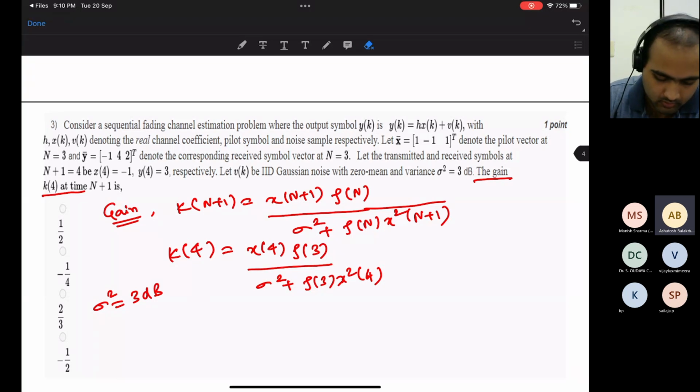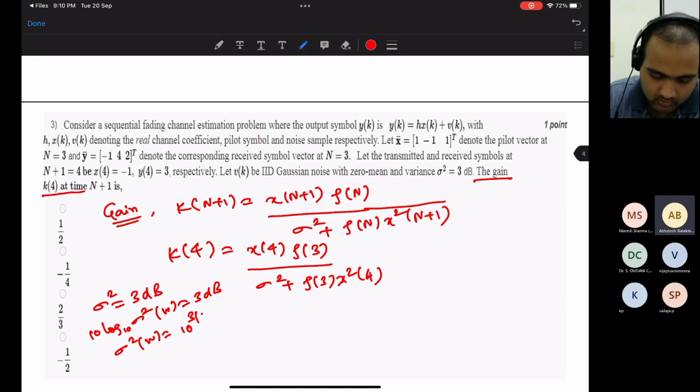How do we do that? 10 log 10 sigma square in watts is 3 dB, so sigma square in watts is 10 to the power 3 by 10, and this is approximately 2. You can use a calculator for this.